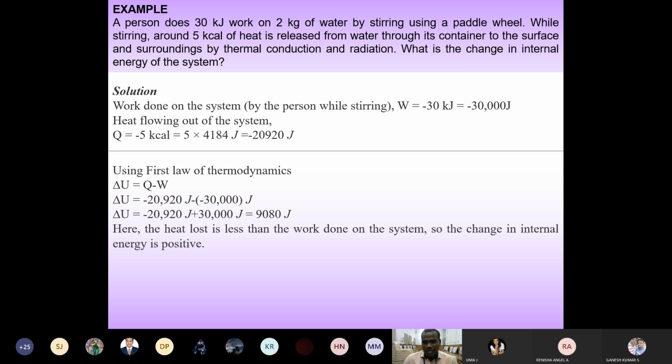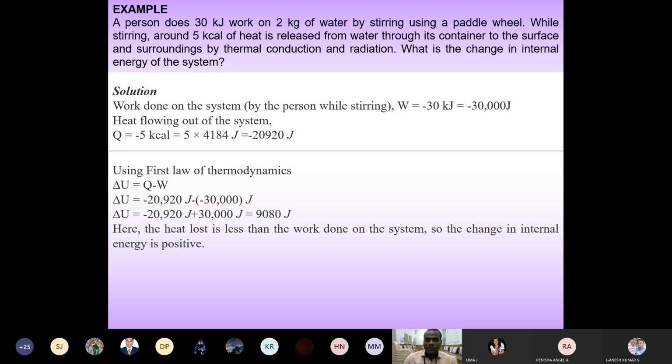So we have W and we have Q, and the sign convention is very important here, right? Work done on the system, W minus. Heat flowing out of the system, Q minus, right?